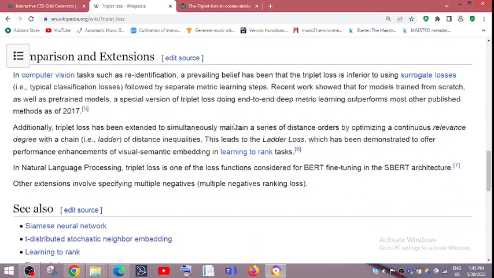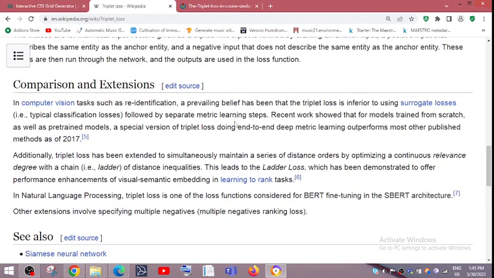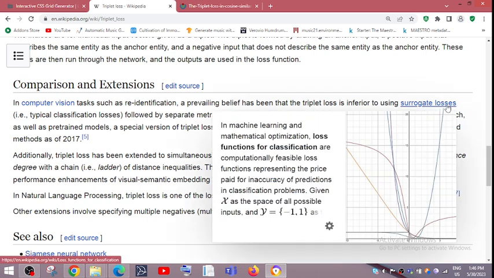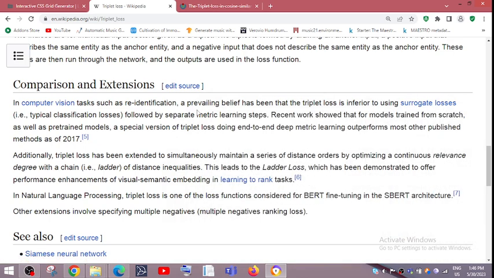Comparison. In computer vision, such as re-identification, a prevailing belief has been that triplet loss is inferior to surrogate losses, typical classification loss, followed by metric learning.